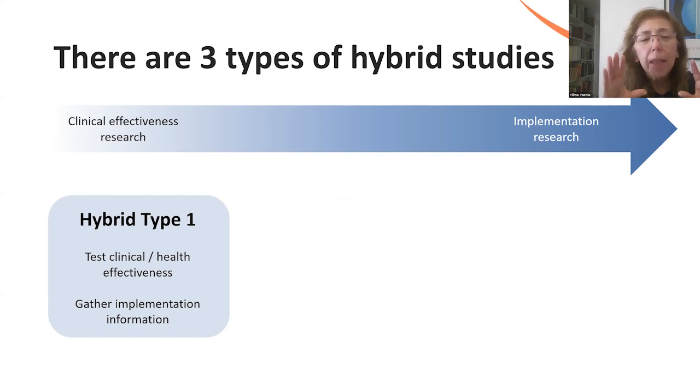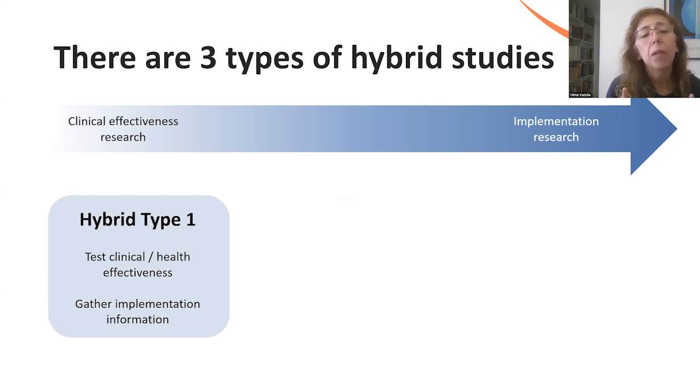But the primary aim of the study is still clinical effectiveness, clinical outcomes. Implementation aspects are secondary aims, and we study them because we know that this information will be useful when we think of implementing the intervention in the real world.